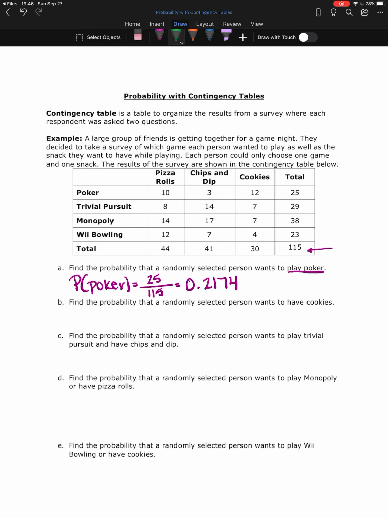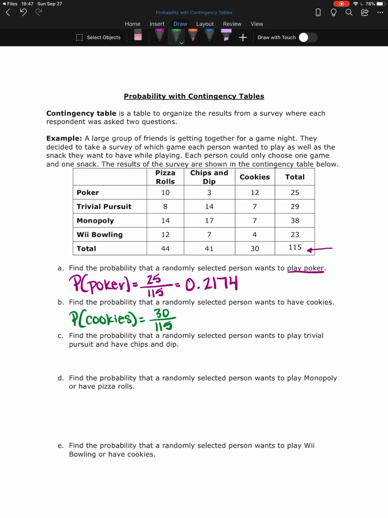Find the probability that a randomly selected person wants to have cookies. So I'm going to solve this in a very similar way. I'm going to go to cookies, and I want to find the probability of cookies. So how many people total said they wanted cookies? 30 people wanted cookies.